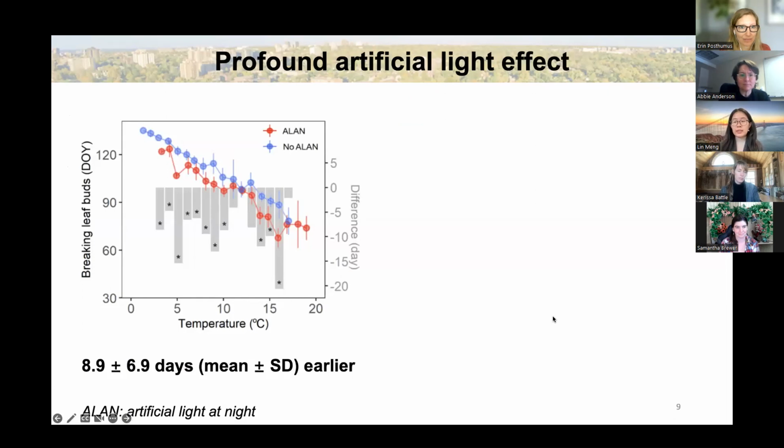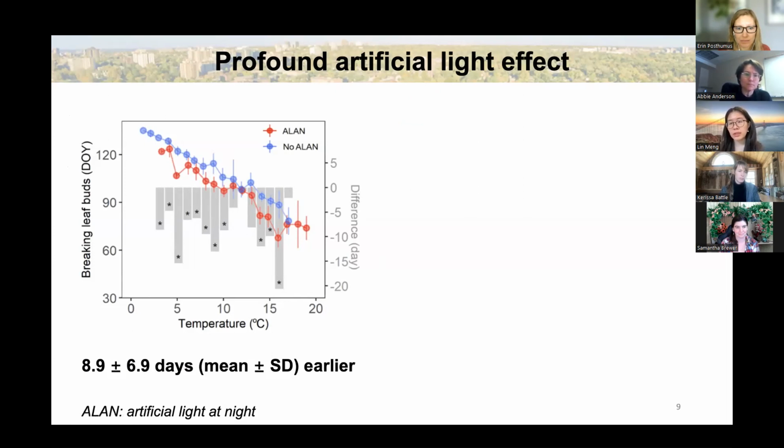So what I did is I classified all my phenology observations into 2 categories: phenology sites with artificial light, shown in this red line, and phenology sites without artificial light, shown in this blue line. And I examined the phenology date for these 2 categories along every 1 degree in temperature.